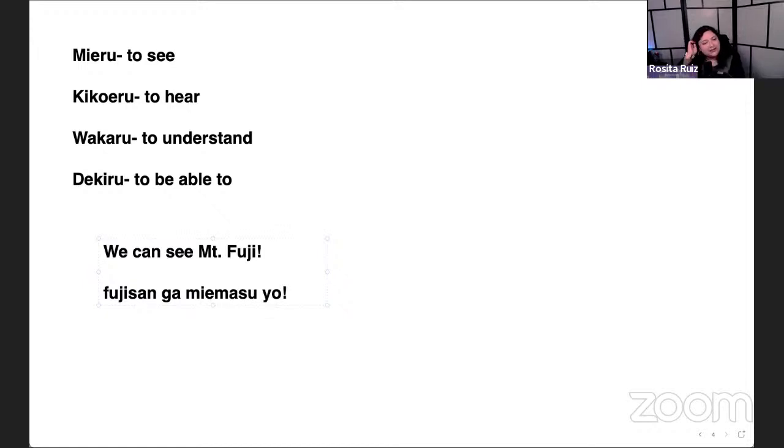Fuji-san ga miemasu yo. So that eru, or the emas, is showing potential that we are able to do something, that we're able to execute it. We have the opportunity, we have the possibility of seeing Mount Fuji.